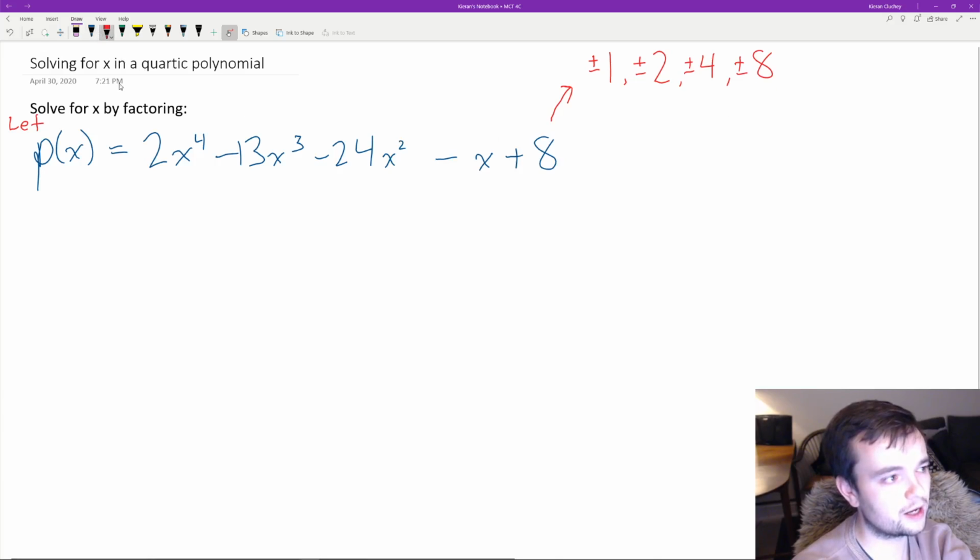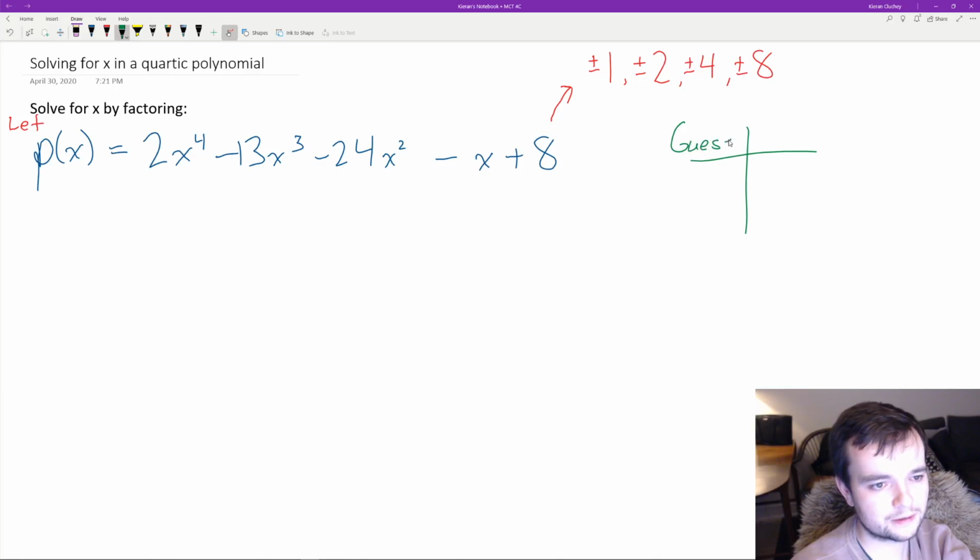So here's what we're going to go with. I will make a table of guesses. My guess is x equal to positive 1, which seems like a good place to start, and then p of x.